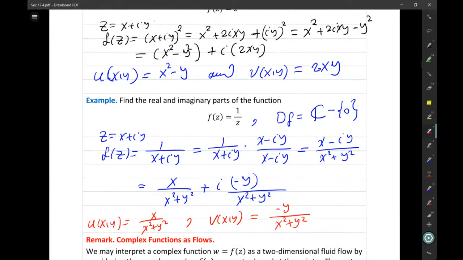And that's all. Any question here for this example?